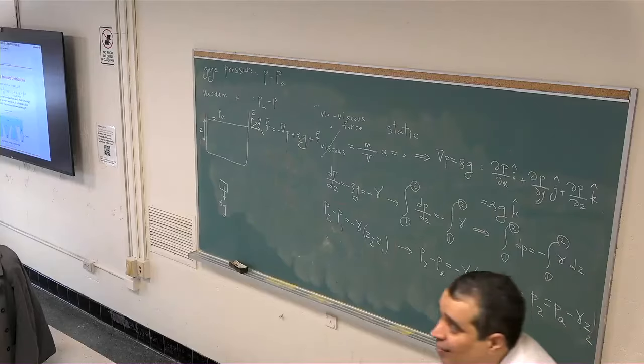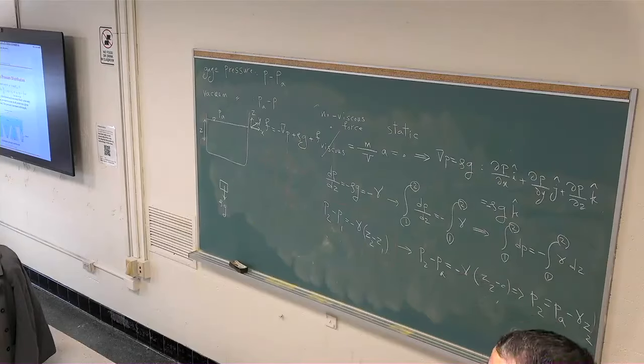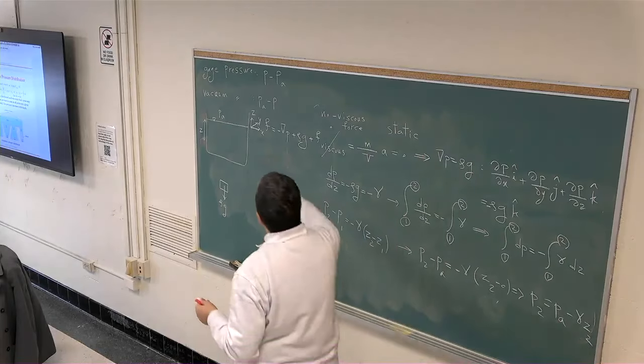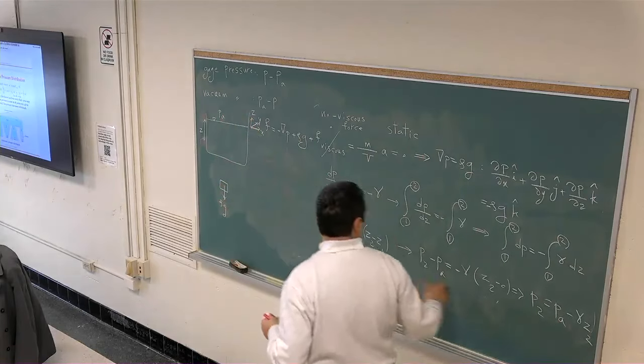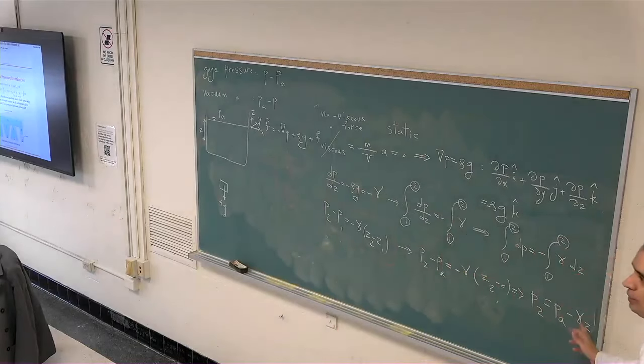Z2 is a negative value, because based on our axis, Z2 is negative. So negative by negative becomes positive.